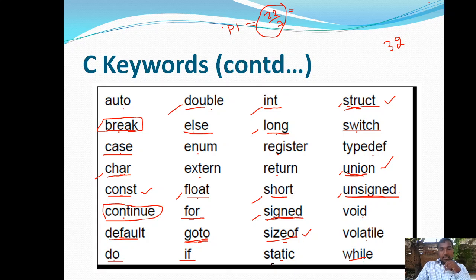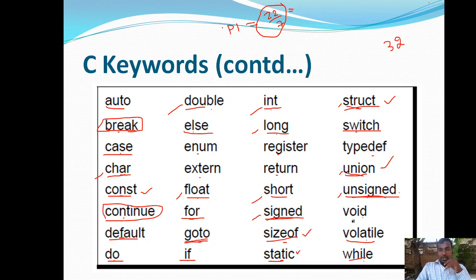Okay, and coming to static, volatile, and auto, these are special keywords. While handling data with certain properties, like values that cannot be changed, we use static. In those cases we are going to use these special keywords.